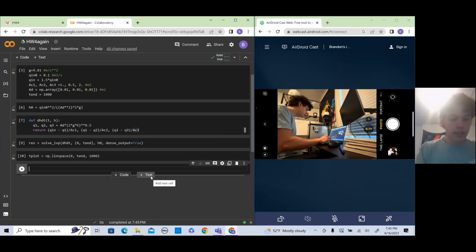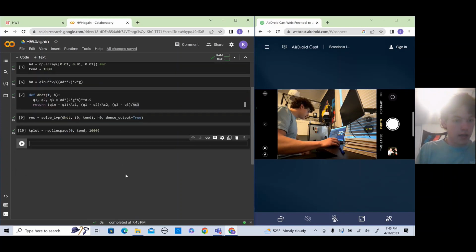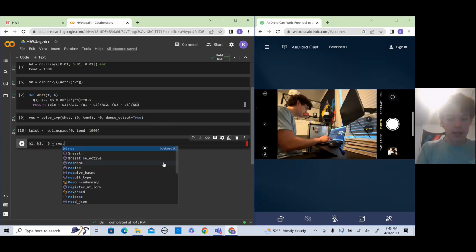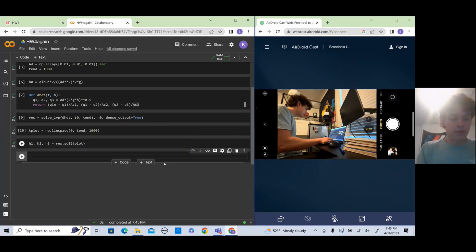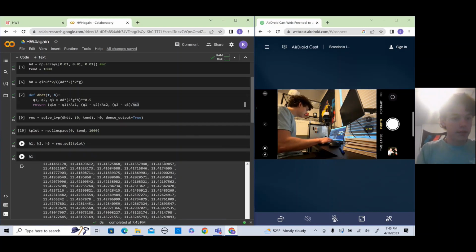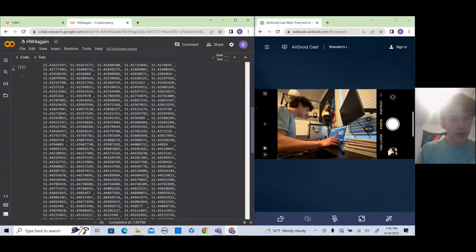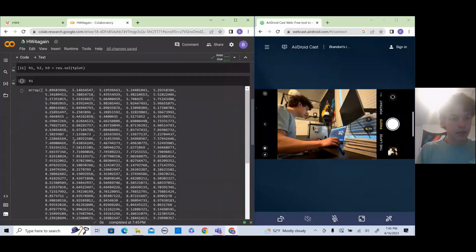So the next thing we'll do is get our values for each point. So our H1, H2, and H3 will be equal to res.sol of our t_plot. Now, do we have something that comes up for these? All right, that looks good.